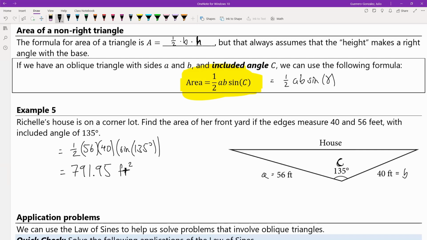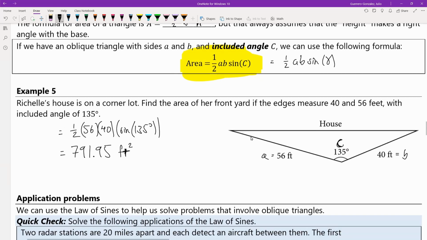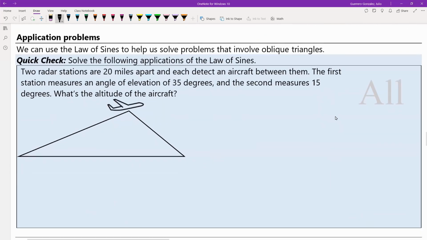Okay. The last thing I have for you guys to do is application problems. So this one's for everybody, okay? It looks difficult, but it really isn't, okay? We're going to be using the law of sines to figure this out.